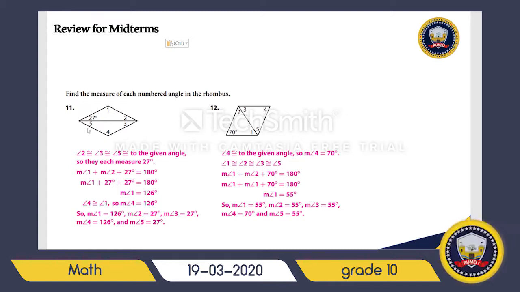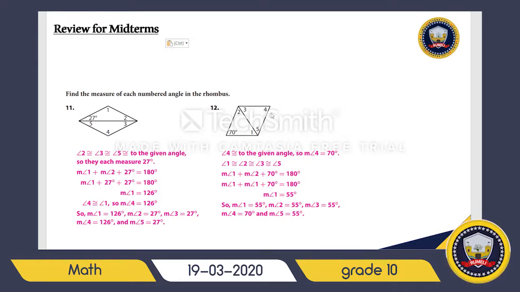That is the total of these angles, 180 minus 27 minus 27, which gives 126. Or directly you can say that since this is a rhombus, the opposite angles are congruent, this should be equal to 1. Alright?